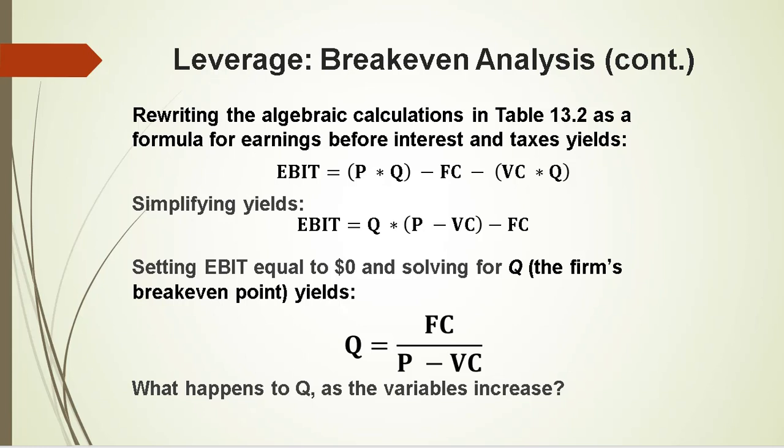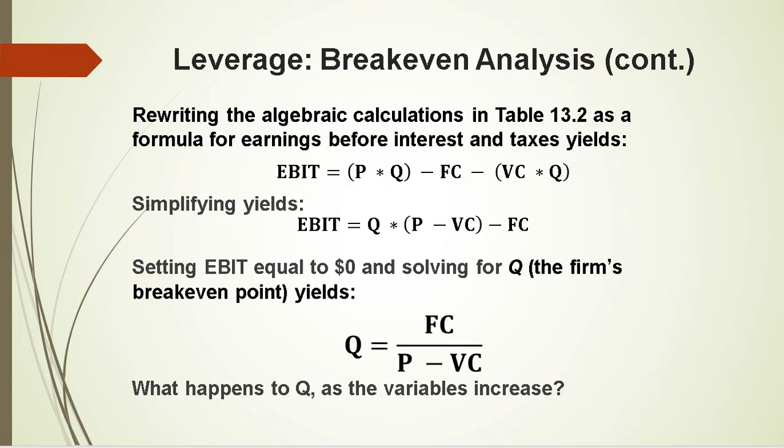Now that's actually a very important number. That's what's referred to as the contribution margin. For every unit you sell, how much of the profit is left to cover fixed costs? Because once fixed costs are covered, that's the break-even point. Now this contribution margin is the contribution to profit for every unit that's sold after break-even.